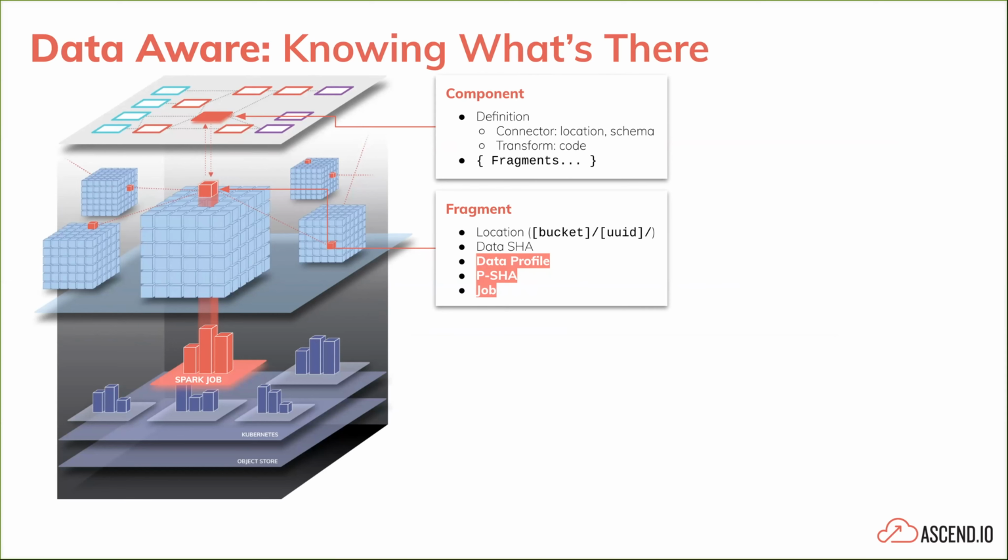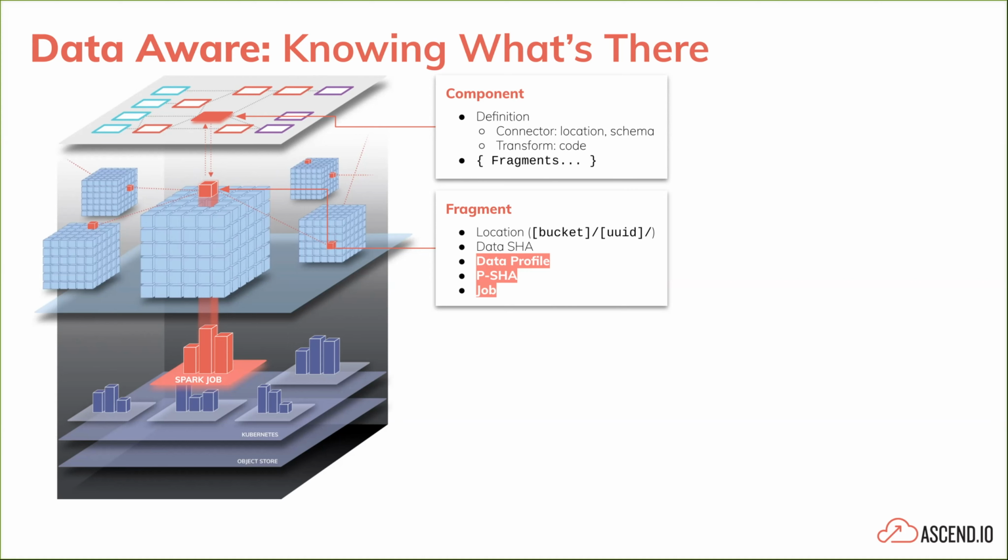And the fragments are where things really start getting interesting in this second layer of the control plane, where not only can we start tracking the location or the output of any particular job that's happened, and the data SHA. For those of you not familiar with SHAs, they're essentially a fingerprint, a way to take a huge set of data, combine it into something compact, and know, with some cryptographic or algorithmic certainty, that it's a representation of exactly what's in there.